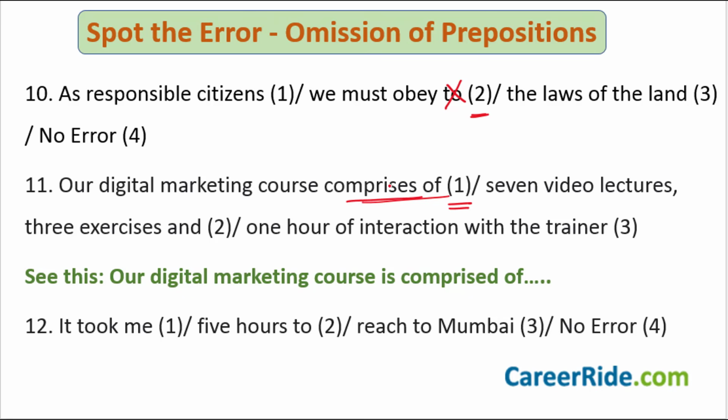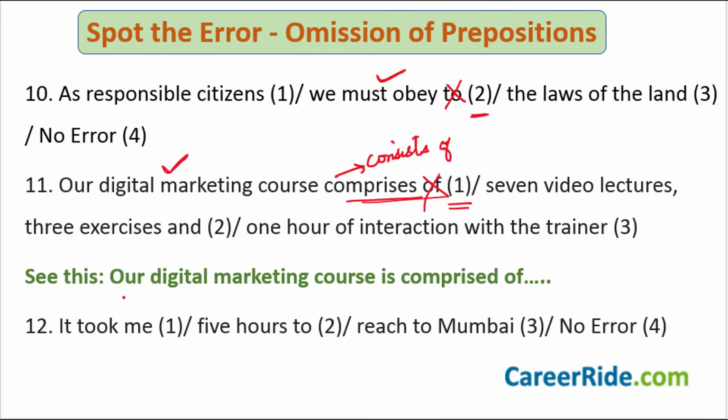Why? Because this "comprises" doesn't require "of" with it. This word comprises in itself means consists of, or is made up of. So there is no need to repeat this. You can simply say, our digital marketing course comprises 7 video lectures, 3 exercises and 1 hour of interaction with the trainer. So it is simply this first part of the sentence that has got an error in it.